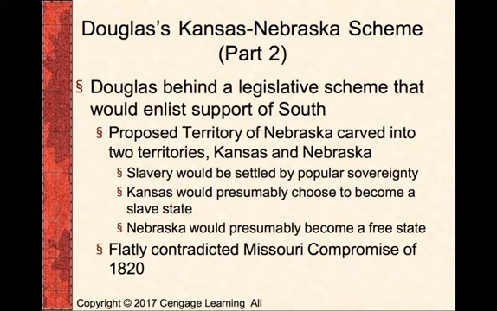And Kansas could presumably choose whether it wanted to be a slave state or a free state, and Nebraska would presumably become a free state. And Douglas's proposal, his legislative scheme, flatly contradicts the Missouri Compromise of 1820.